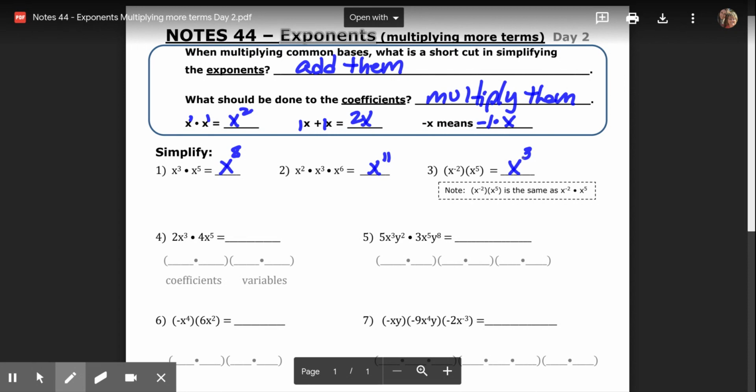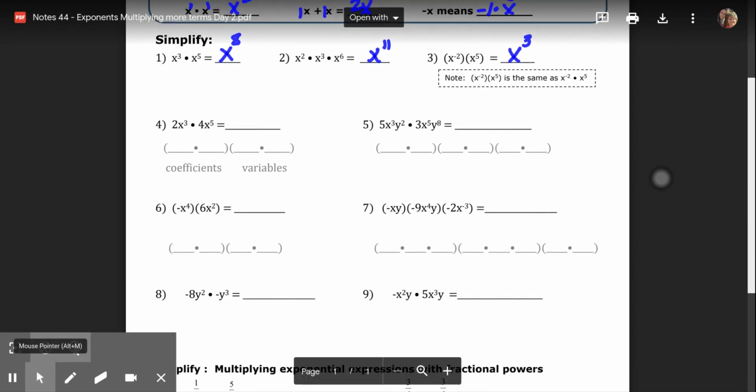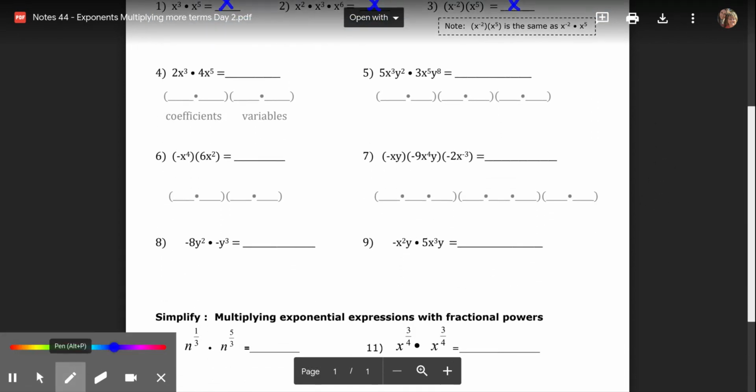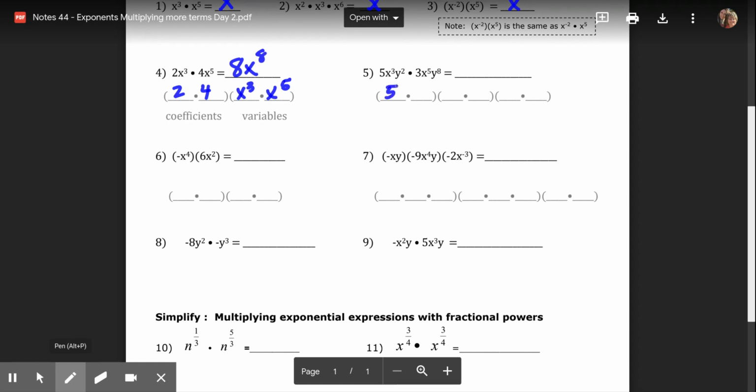All right, and then on number 4, I have parentheses written out there so that you could see that we need to pull out the coefficients and then the variables there. So we have 2 times 4, and then we have x cubed and x to the 5th. So 2 times 4 is 8, and then 3 plus 5 is also 8. So it'd be 8x to the 8th power. On number 5, we have 5 times 3, and then we have your x's.